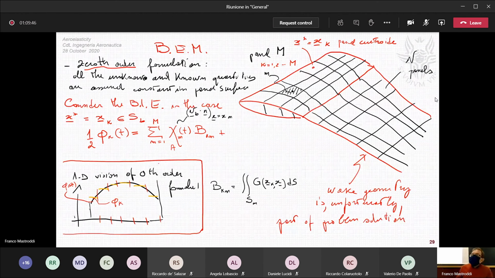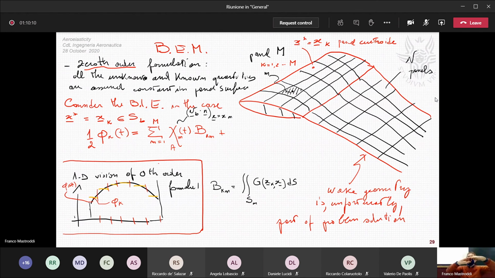This quantity is also known as normal wash. Normal wash, the impermeability condition. Somebody says downwash. Ever seen downwash? Yes. It's down when you have the wing approximated like a surface, and you have only this as normal.